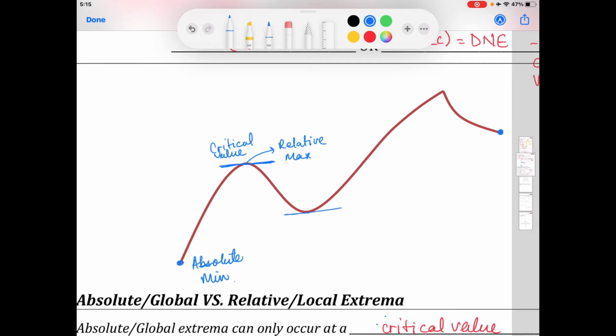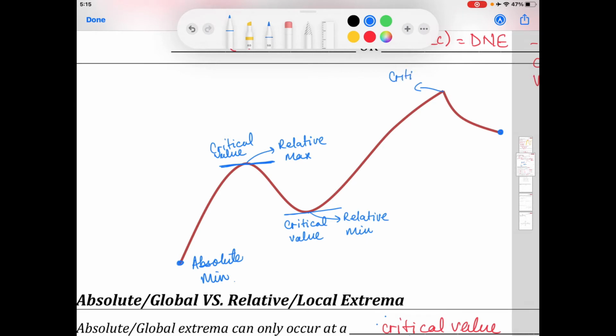So here again, this is another critical value because my first derivative is equal to 0, and this happens to be your relative min, right? Because if you compare it to the points around it, it is a comparative low point. So now you have another critical value here, but the slope does not exist.